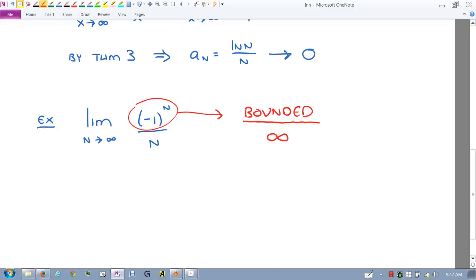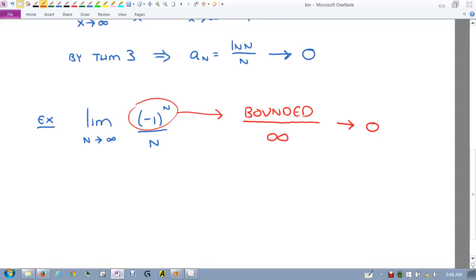So no matter what, worst case scenario, the top is 1, and we're dividing it by a huge number. That should be tiny. Or the other extreme would be the top is -1. We divide it by a huge number. That's going to be a very small negative number. Either case, they're both getting smaller, getting closer to 0. So thinking through it, it appears that this would be 0.